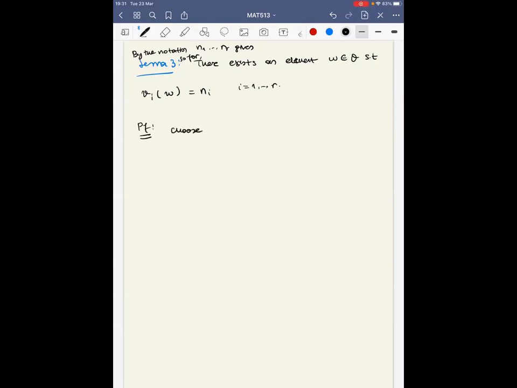And its proof will be, again, kind of an extended version of the proof of the first lemma. In this case, we choose a function whose valuation at I is equal to minus ni.